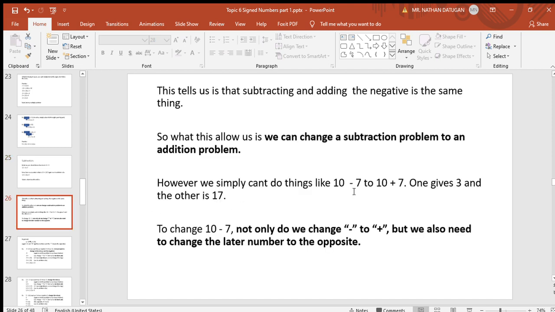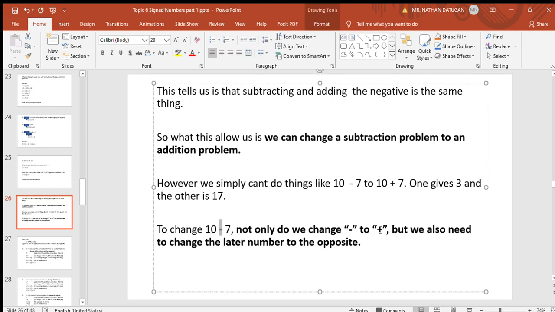We cannot go from minus to plus alone. To change 10 minus 7 to an addition problem, not only are we going to change the minus to plus, we also change the latter number, in this case 7, to the opposite.